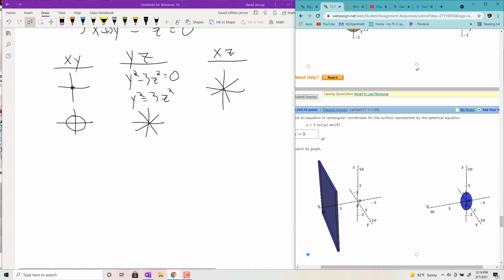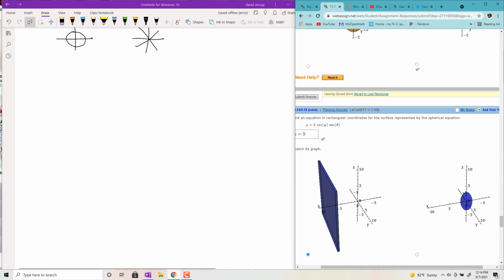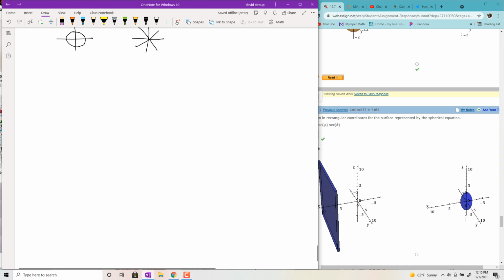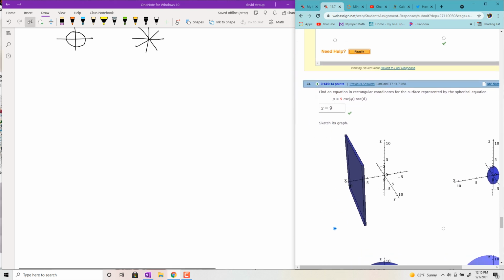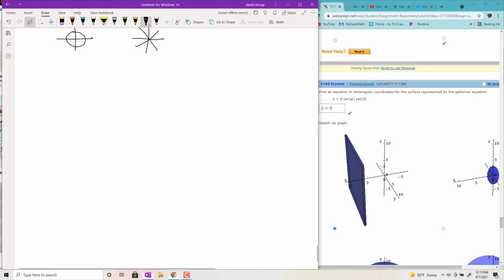All right, let's see if there's any other ones that are worth looking at. Rho, let's try this one. So rho equals 9 cosecant phi secant phi.